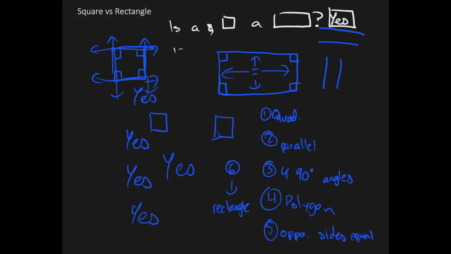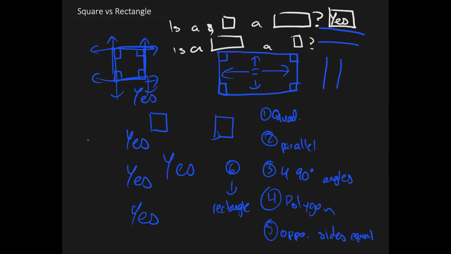But is a rectangle a square? Now I know you're probably going to be like, well, yes, if a square is a rectangle, a rectangle is a square. Wrong. No, it is not. I'll do it in red here because this blue is getting a little hard on my eyes. You have a square, and a square has all of these attributes, except one more thing. This very, very important thing that a rectangle does not have.